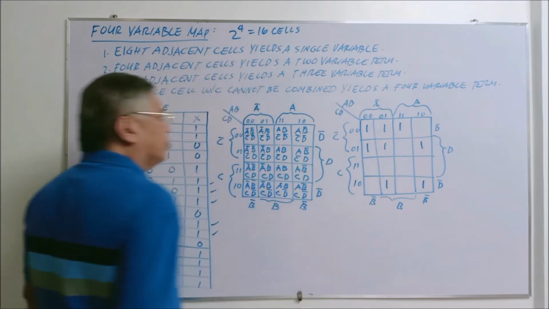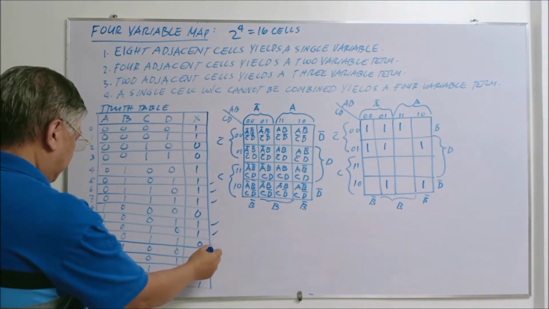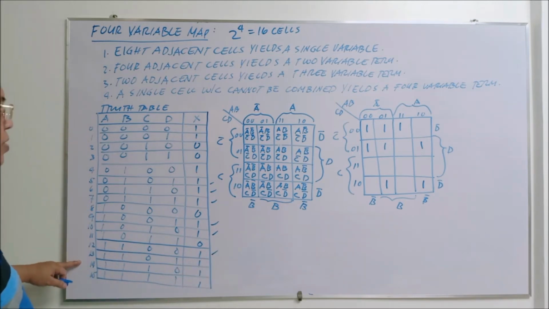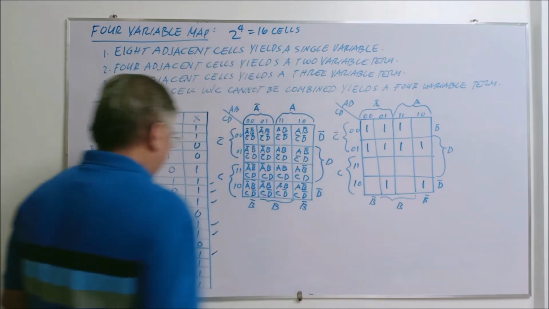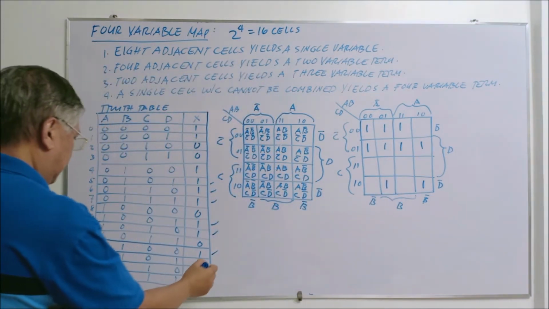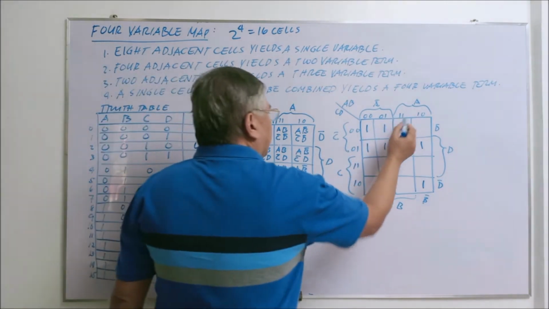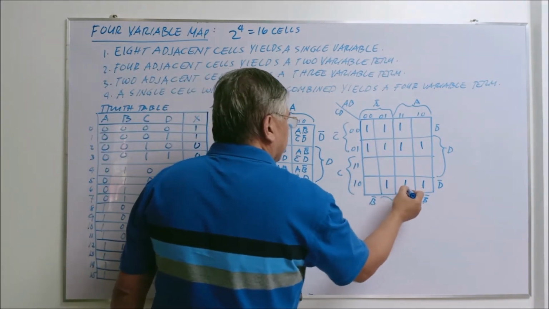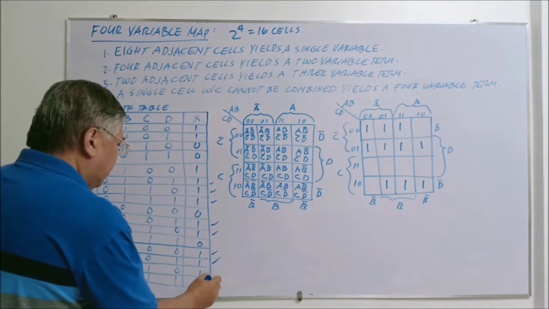The output here is 1. Then you have 1, 1, 0, 1. Then 1, 1, 1, 0. And then the last one is 1, 1, 1, 1.